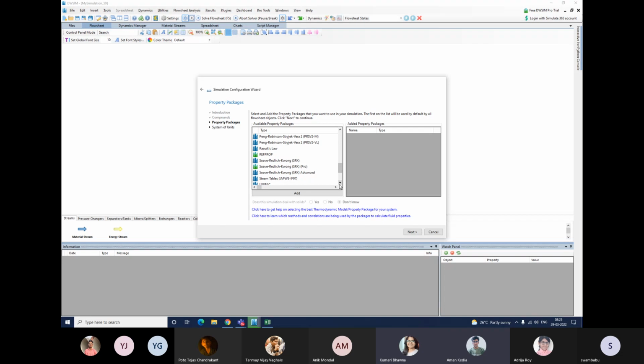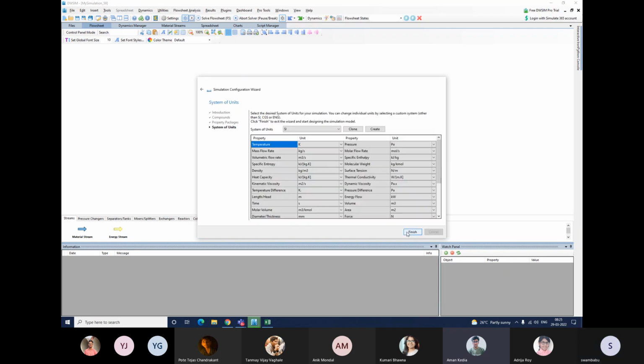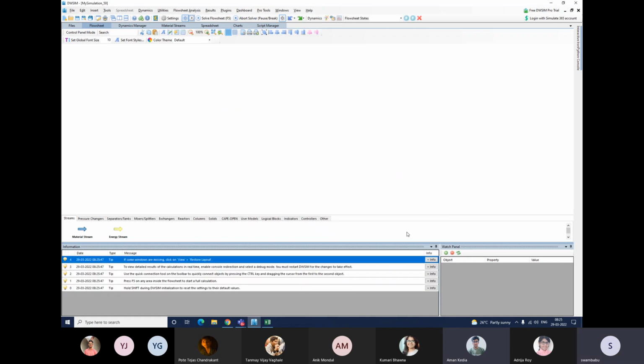So for water, can we use steam tables? Yes. For water, we have to use steam tables. So we have a material stream.